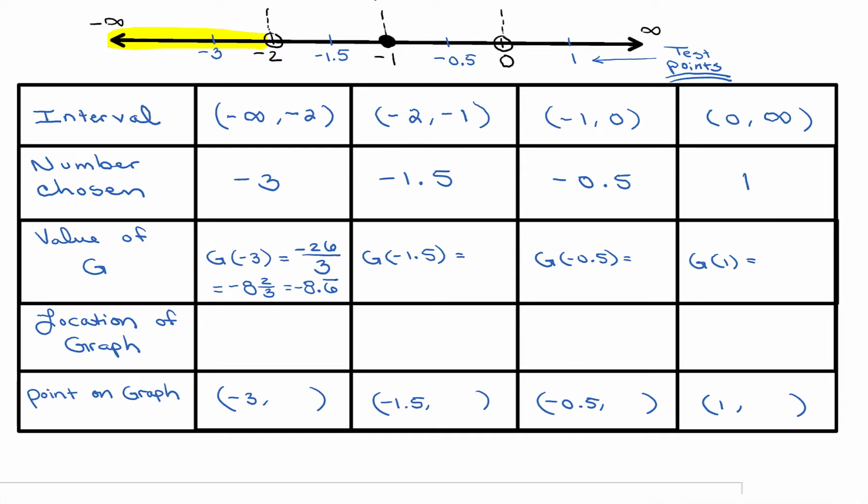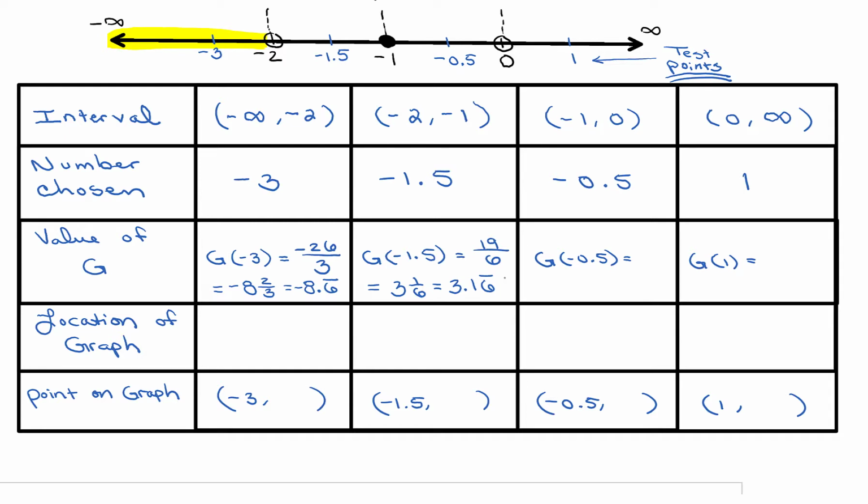Okay, so now I can see that I got a negative value for that: -26/3, or we could also say -8 2/3, right? For the next one, g of -1.5, I got +19/6, which is also the same thing as 3 1/6, or 3.16 with a repeating bar on it.